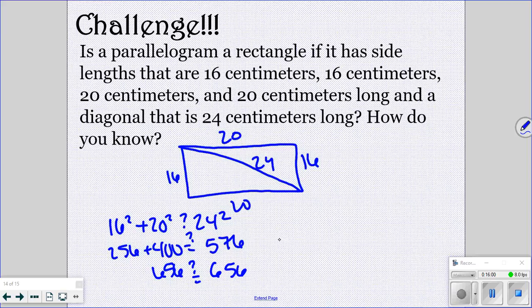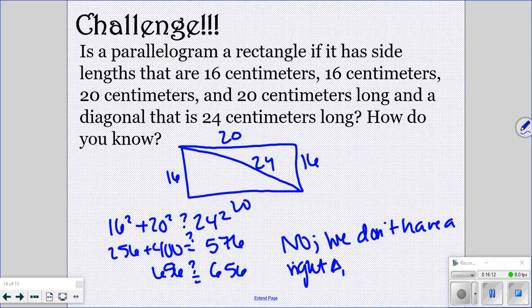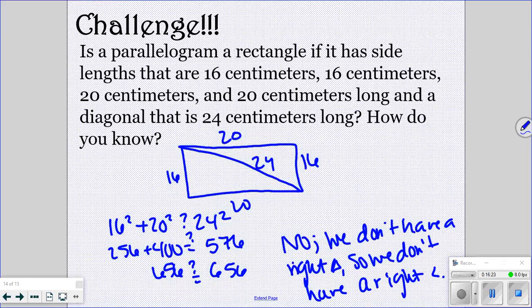So is this a rectangle? No. And how do we know? We don't have a right triangle. So we don't have a right angle. It can't be a rectangle since we don't have a right angle there.